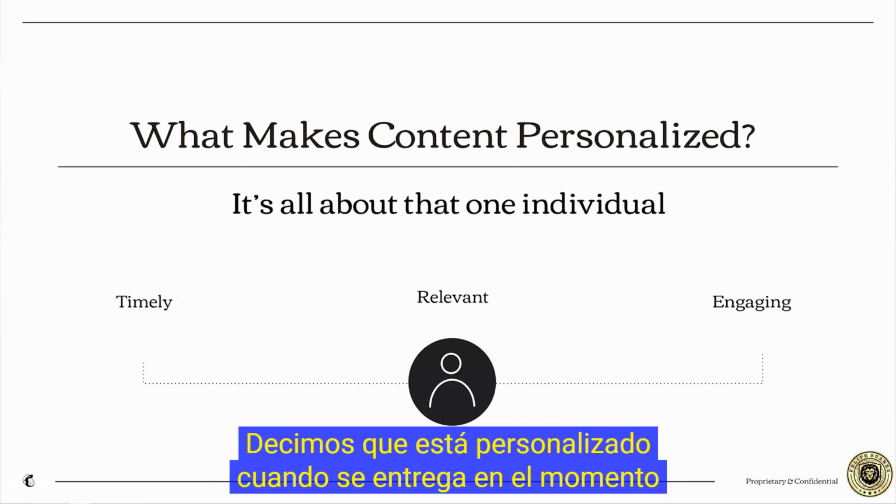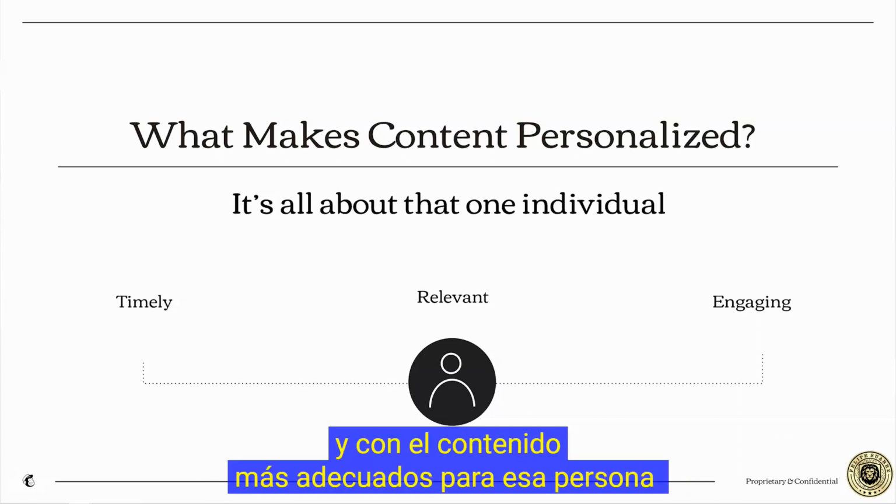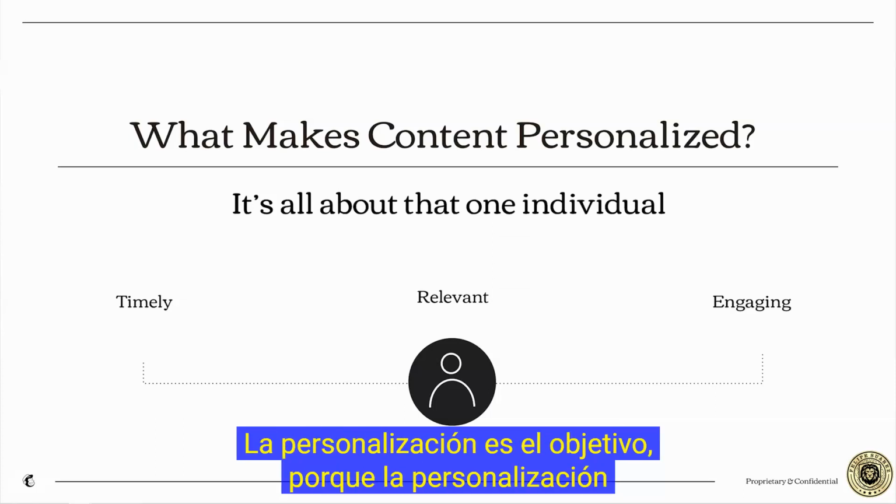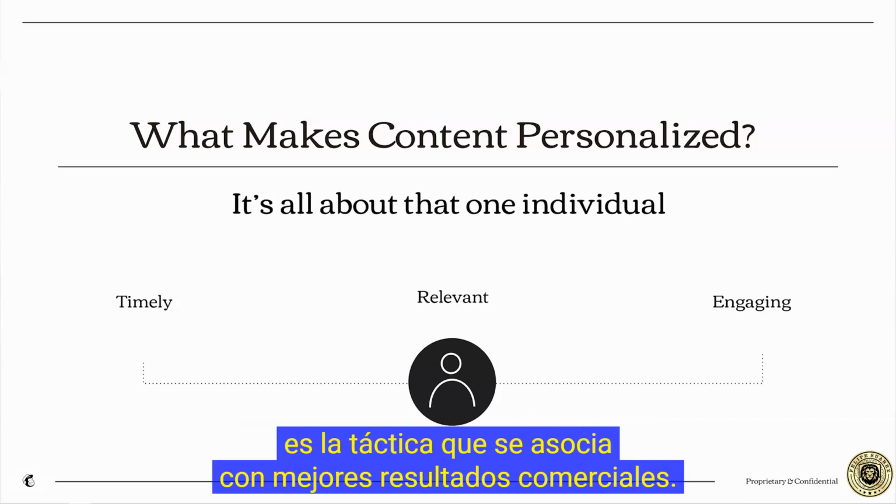We say that content is personalized when it's delivered at the right time, with the most relevant content for the individual, and in the most engaging way for that individual. Personalization is the real focus, because personalization is the tactic that's associated with the best business outcomes for you.